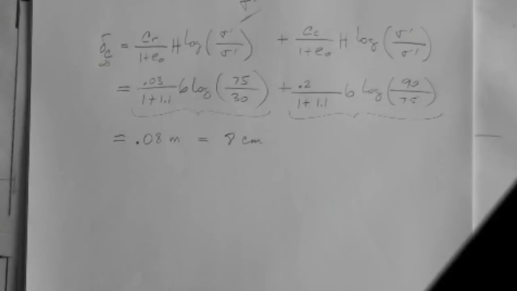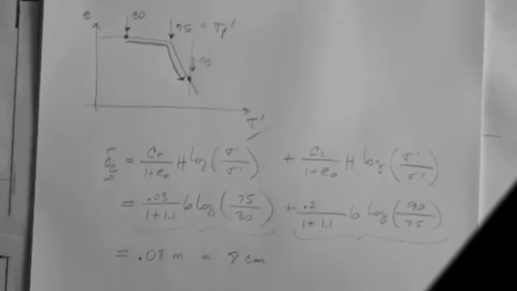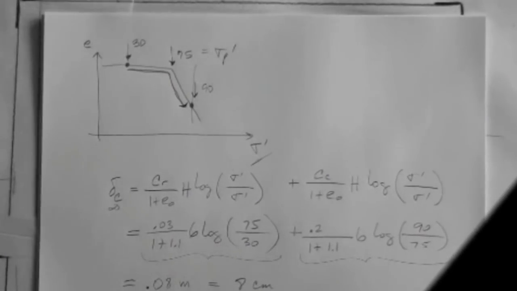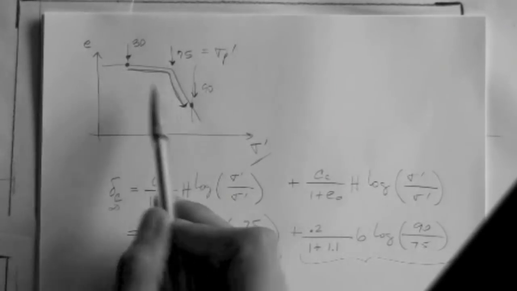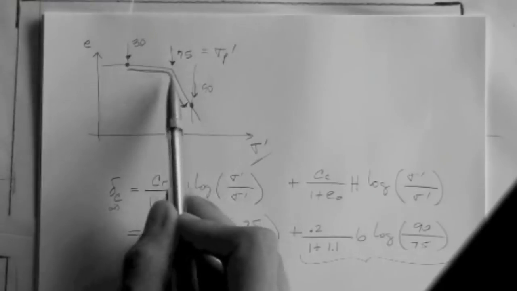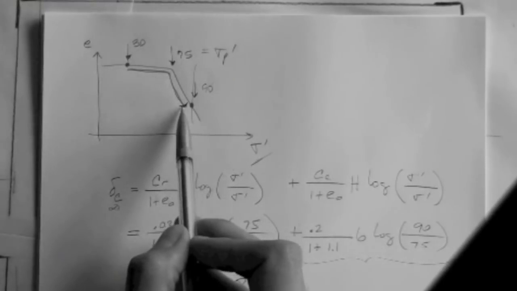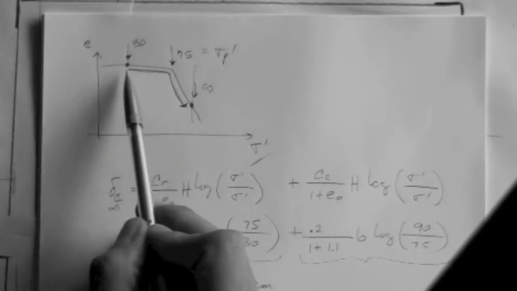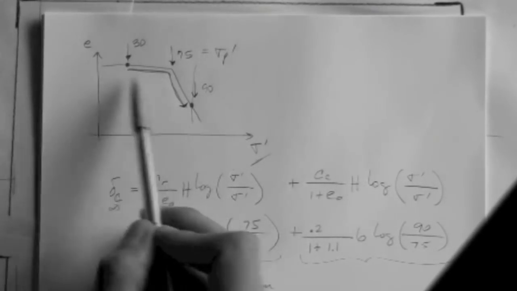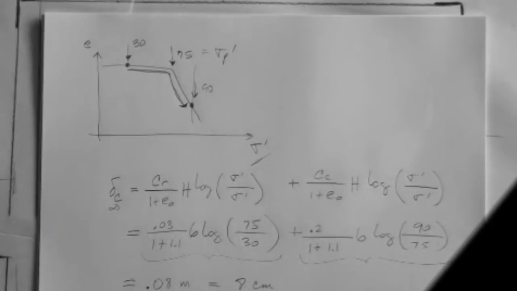This approach is as correct as the one in the book, but I believe the approach that I teach is a clearer one, because it really just shows you what portions of the curve are relevant to the deformation, and if both portions are associated with the deformation, then you write both portions of the equation.